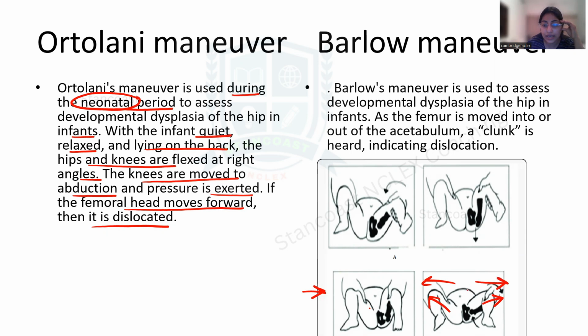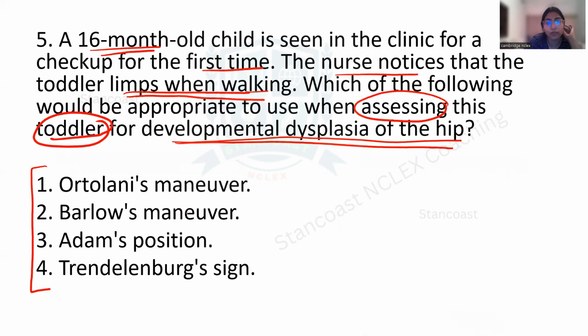And if a click sound is produced, then we can see that the femur has been dislocated from the acetabulum. Now, this is not the assessment we are going to perform in a toddler who is limping while walking. This is used in neonates.